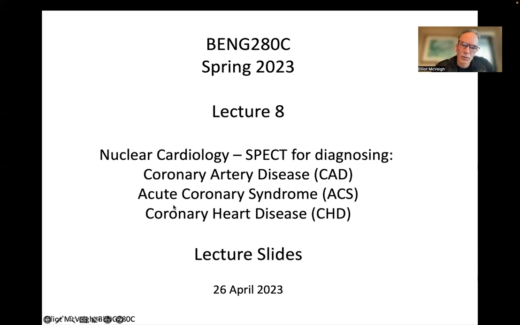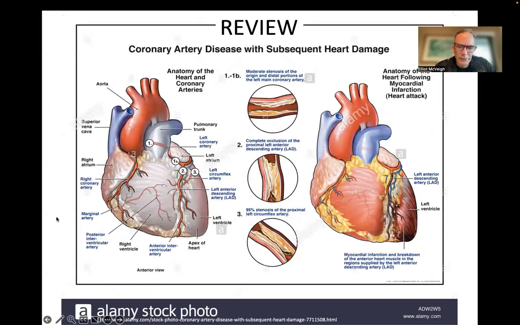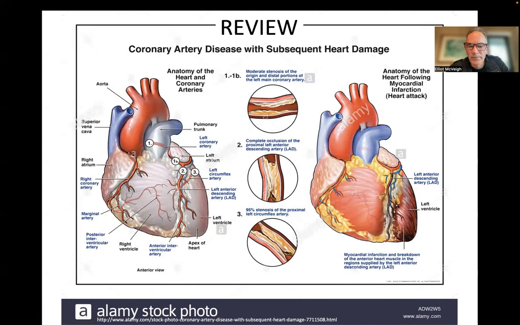Okay, so if we review what it is we're trying to do with all of the imaging techniques in this course, we're trying to evaluate this disease, which comes down to: is there a flow deficit through one of these major coronary arteries that is causing severe ischemia in a patient, that is, low oxygenation in muscle tissue?